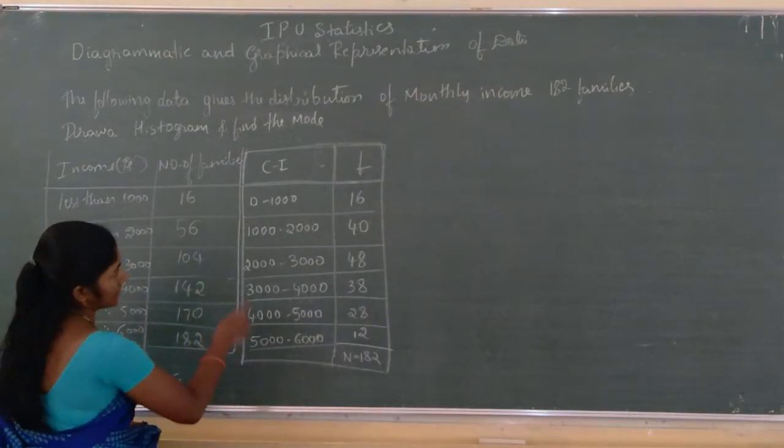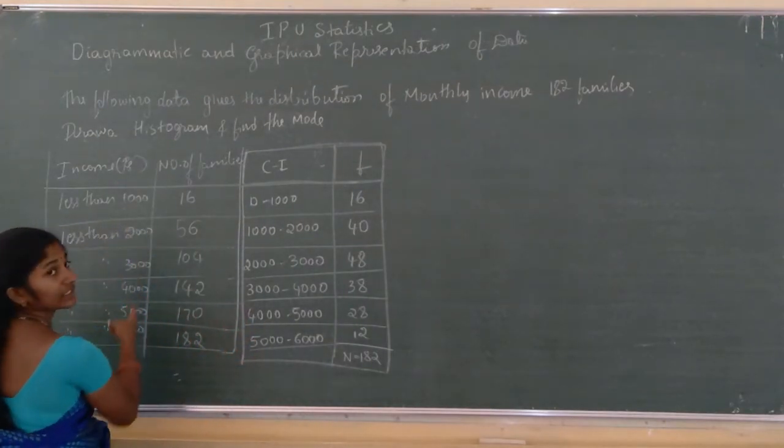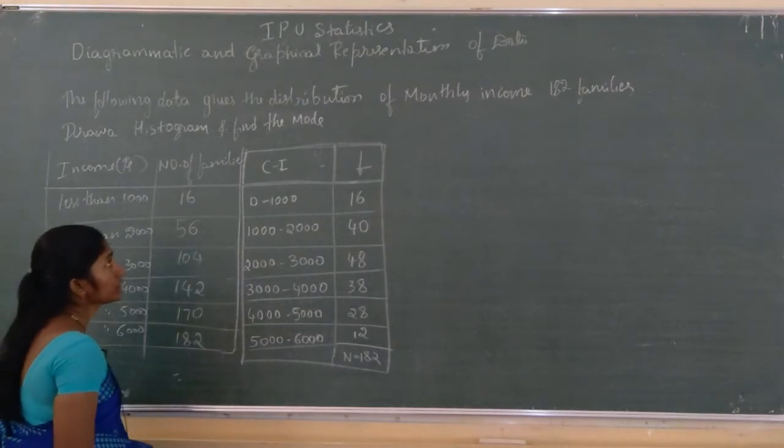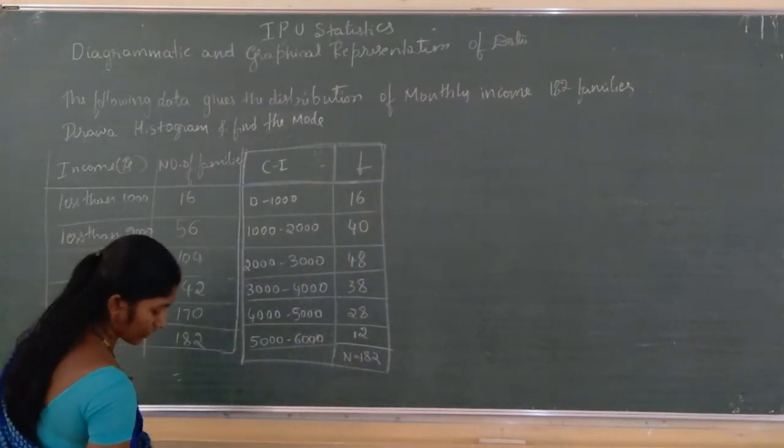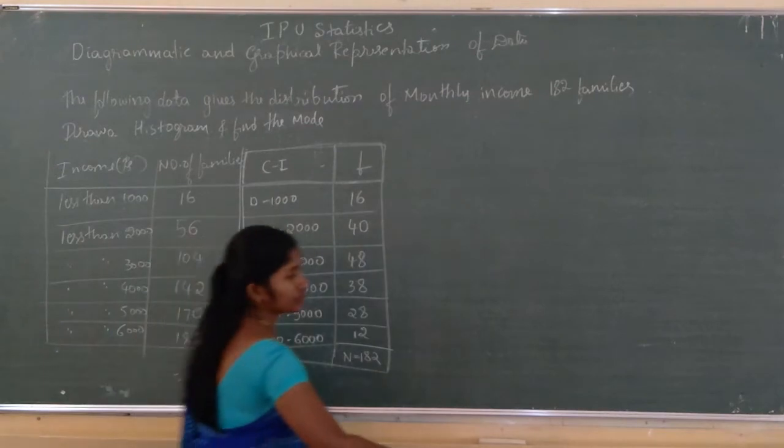Same problem, the class interval income is given in the less than form. I have converted it to the simple, that means the normal frequency, or you can take that as a simple frequency distribution.